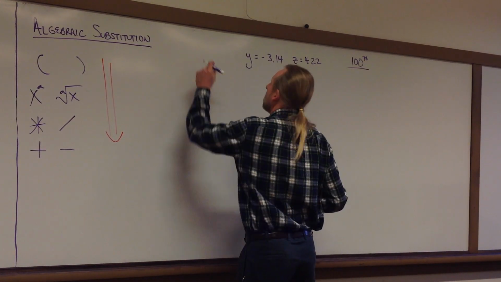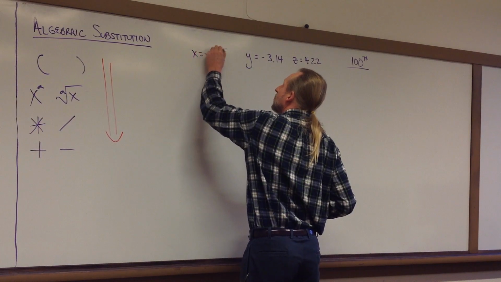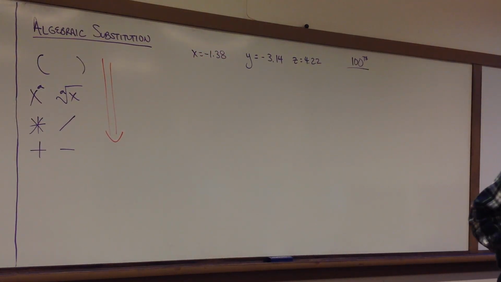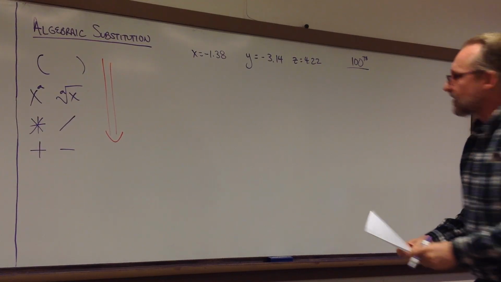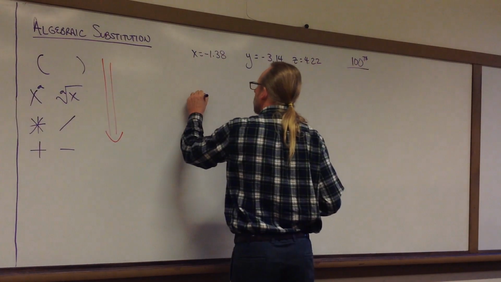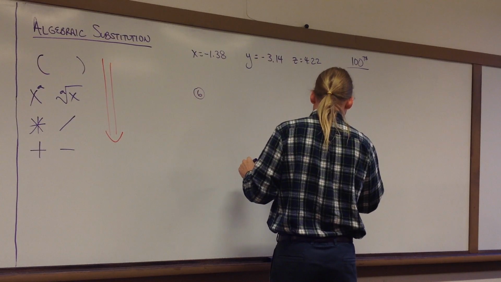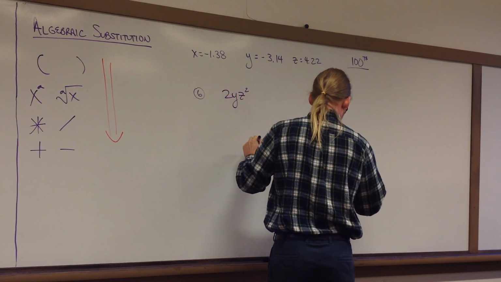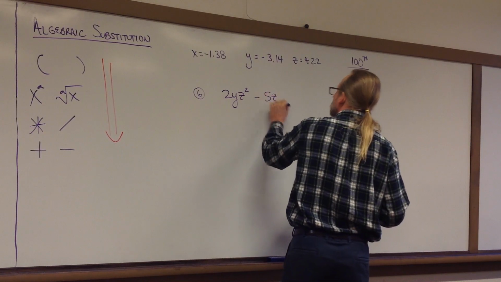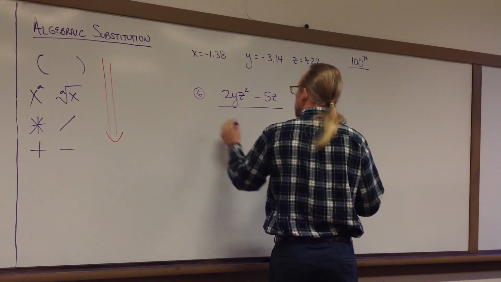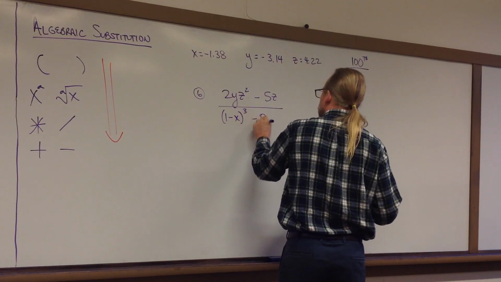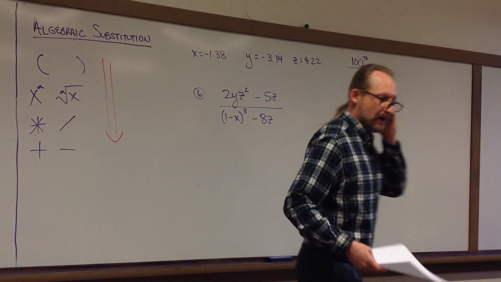Okay, let's see here. That x was negative 1.38. Okay, number 6. We've got 2yz squared minus 5z on top, 1 minus x cubed minus 8z on the bottom.